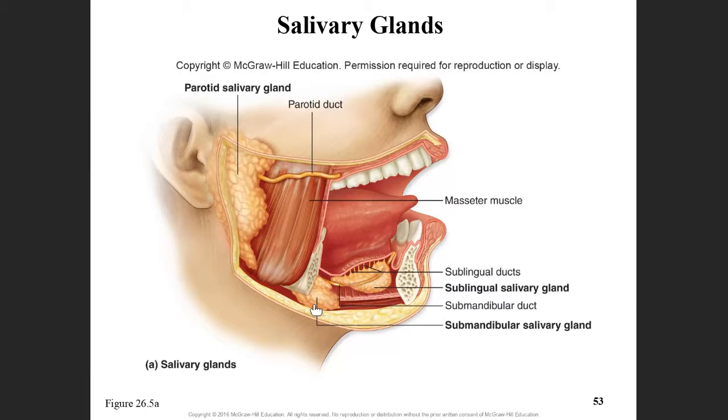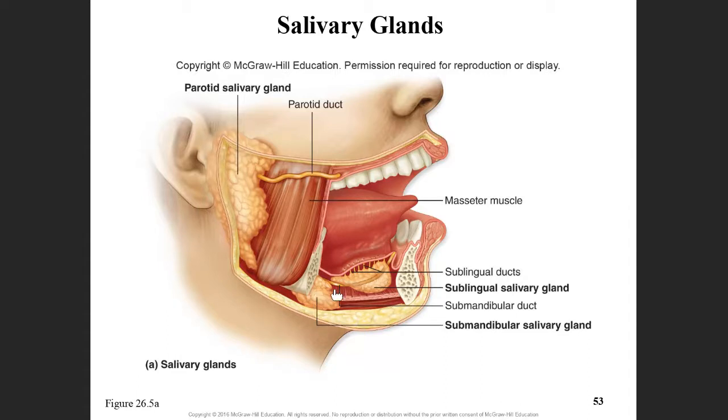It is inferior to the floor of our oral cavity, and it's located medial to our mandible. Because of that, we call it submandibular. A large amount of saliva, about 60 to 70%, is made by the submandibular salivary gland.